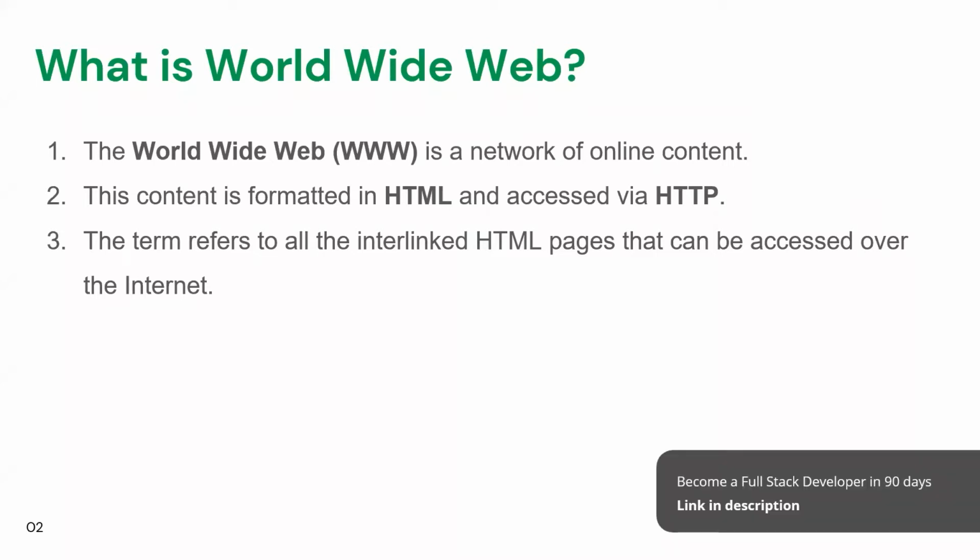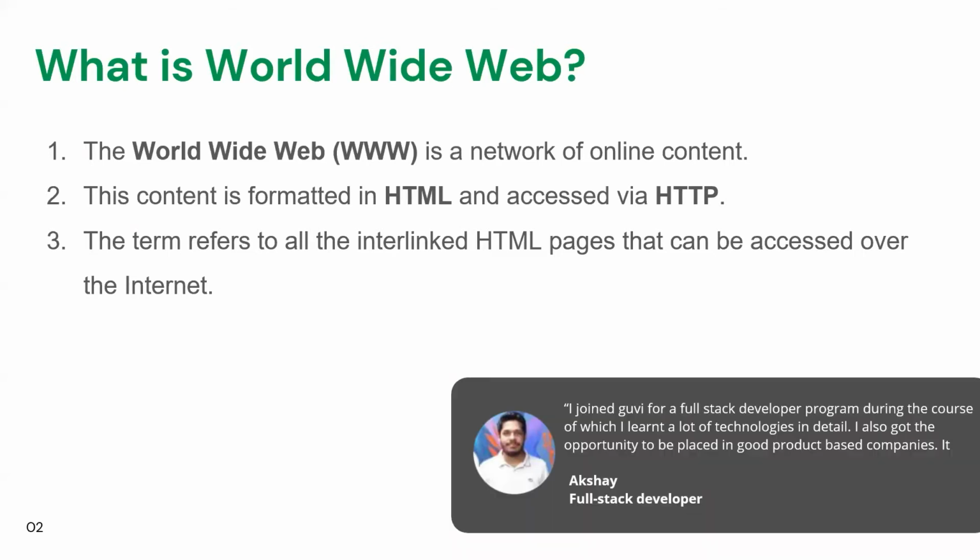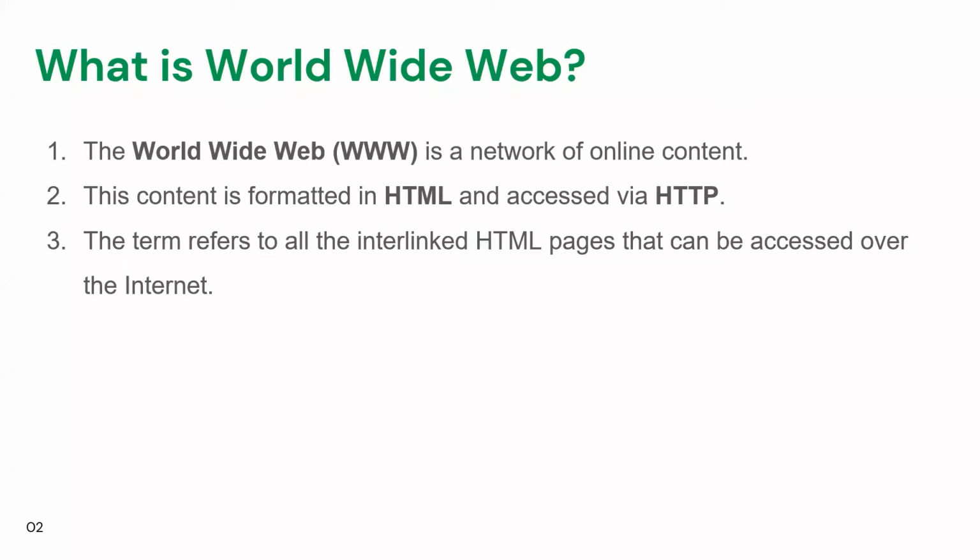This interlinked set is represented by one common name, normally known as www dot something, that will be accessed on the internet. If we have a separate set of interlinked HTML pages or web, then those can be accessed through another URL.